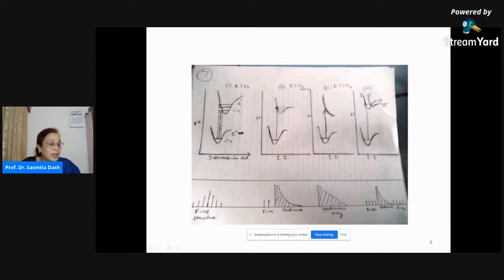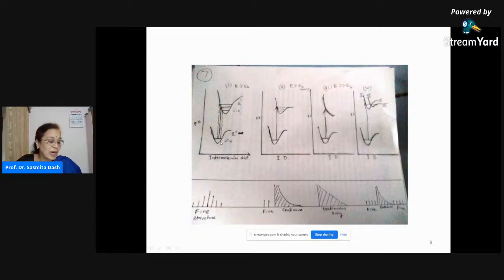When the molecule goes to a higher electronic state, it will assume a definite vibrational level, a particular vibrational level, as has been shown here. In the first case, the upper intermolecular distance is a little higher than that in the ground state.